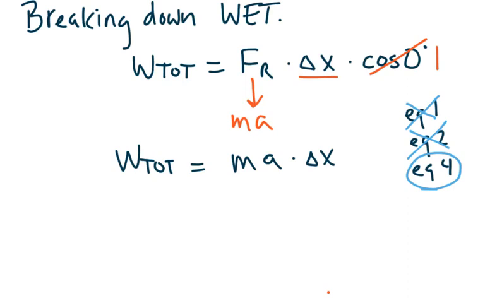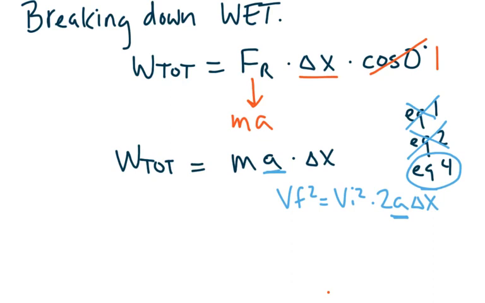If we remember, equation 4 is v final squared equals v initial squared plus 2a delta x. So there's my equation 4. Now, if I want to replace my a here, because this is the only variable in this equation that I need to replace, I can rearrange this equation to solve for a.